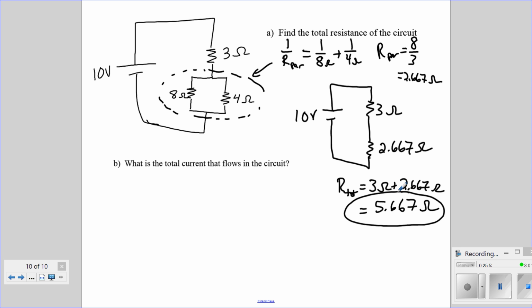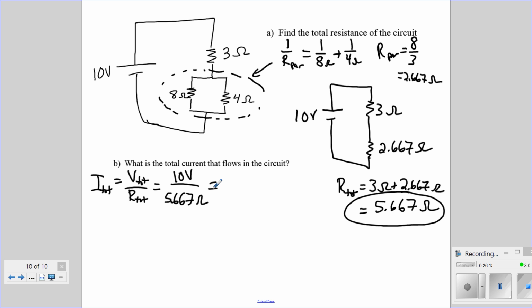If we wanted to know the total current that flows in the circuit, again, the total current equals the total voltage divided by the total resistance. The total voltage is 10 volts. The total resistance is 5.667 ohms.